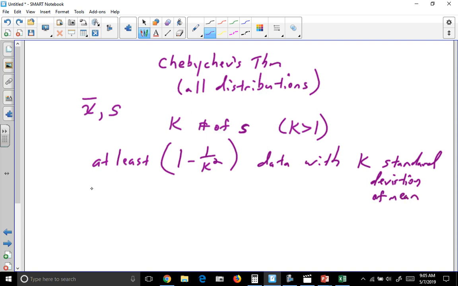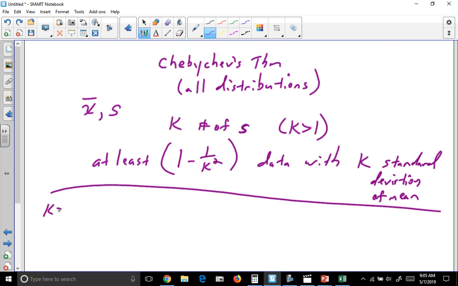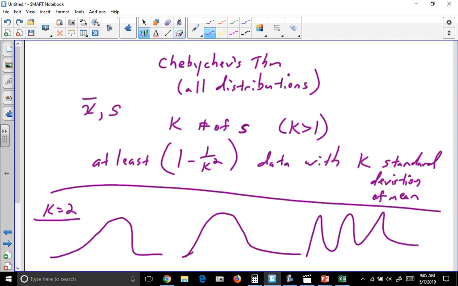So what do we mean by that? For example, let's suppose that K equals 2. So if we are within 2 standard deviations of the mean, this could be for any distribution. It might not be a bell-shaped curve. It might be one that is skewed to one side or skewed to the other, or it might be a distribution that's all over the place.